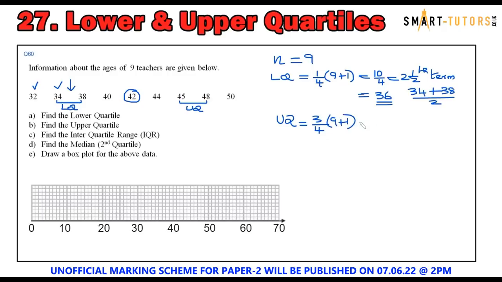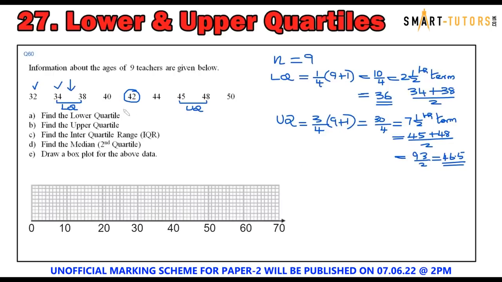So 10 times 3 is 30 over 4, that is 15 over 2, the 7.5 term. 7.5 term means you need to get 45 plus 48 divided by 2, so that is 93 over 2. That is going to be 46.5. So that is the upper quartile.